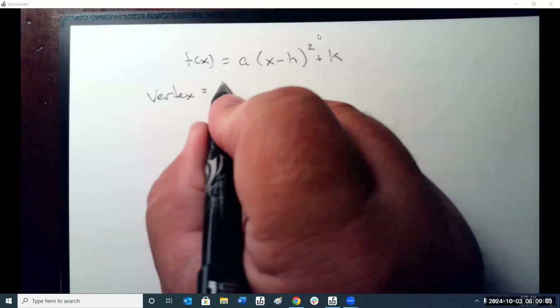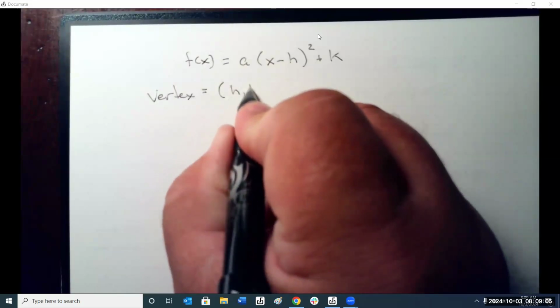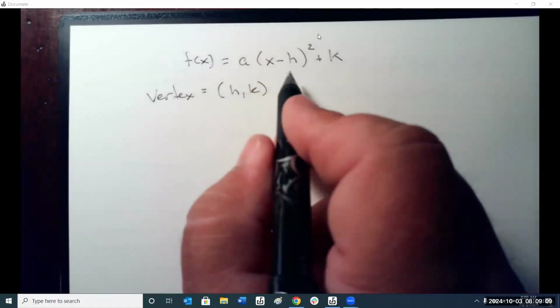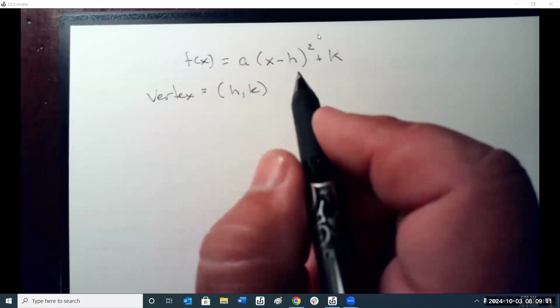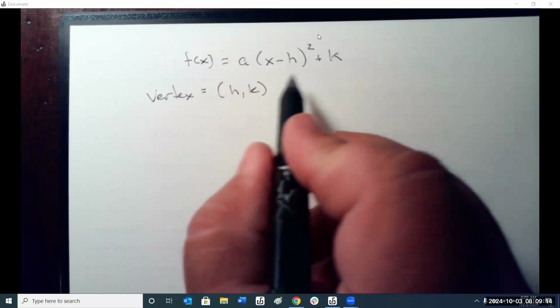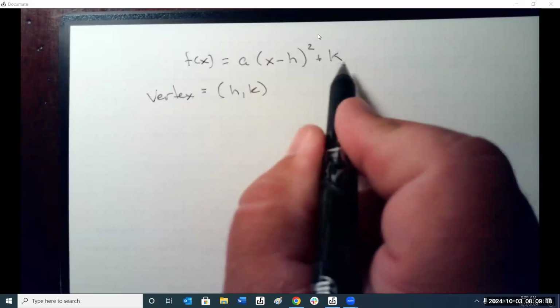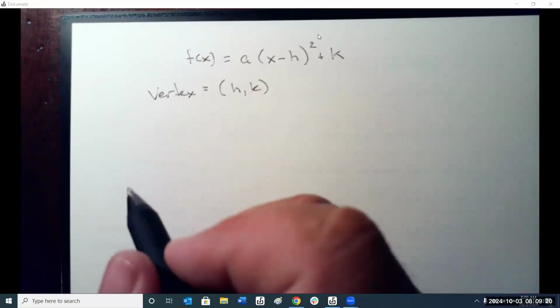The vertex is at the point (h, k). The same thing we did when we did the center of the circle in chapter 1. It's always the opposite sign inside the parentheses, and it is what it is on the outside. So there's your vertex.